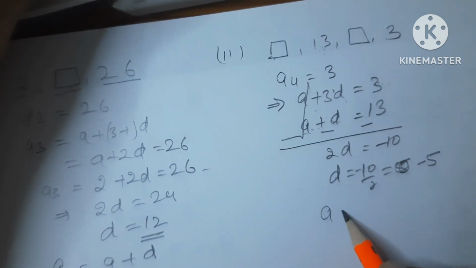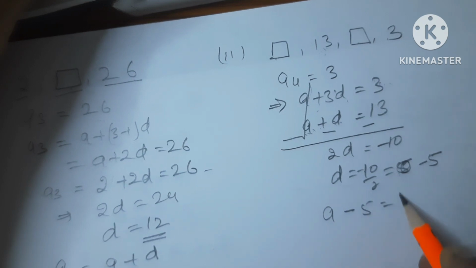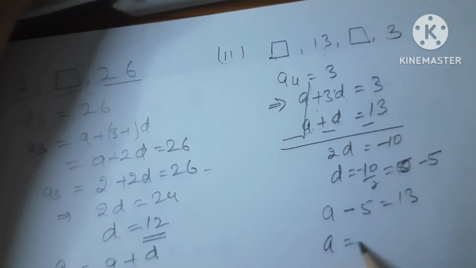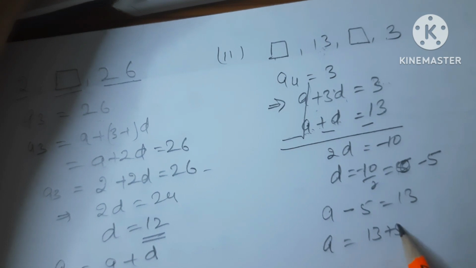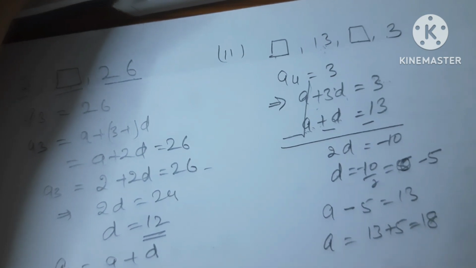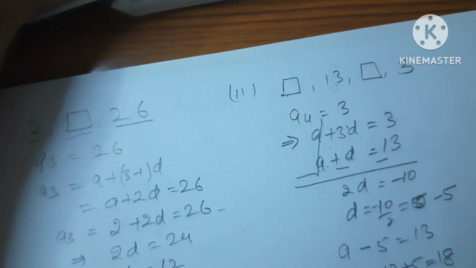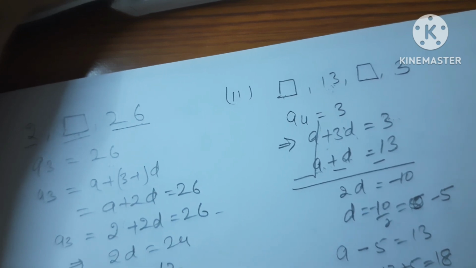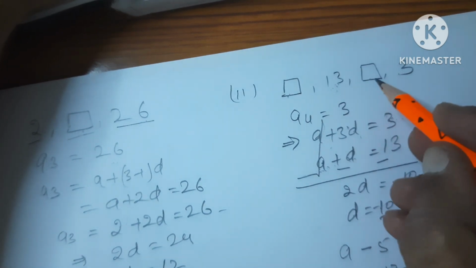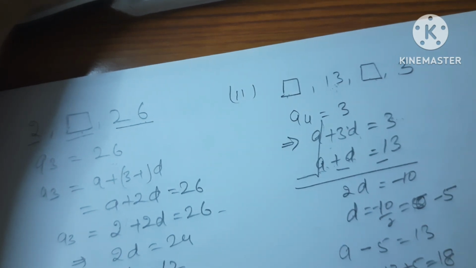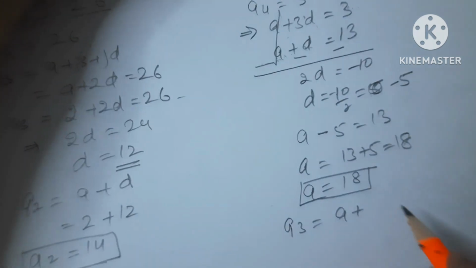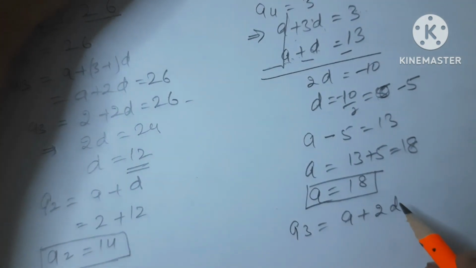So A minus 5 is equal to 13. A is equal to 13 plus 5, which is 18. So the first box will be A, which is 18. Third box, A3 is equal to A plus 2D.